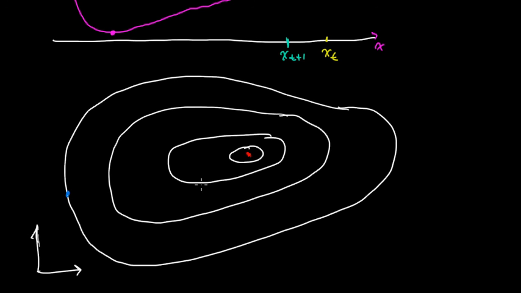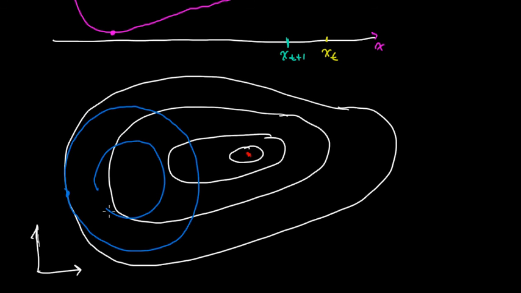What Newton's method tells us to do is make a second order approximation. And a second order approximation here is going to be a quadratic looking thing. It's not necessarily going to be spherical like I've sort of drawn it, but maybe something like that. And then you minimize that guy.